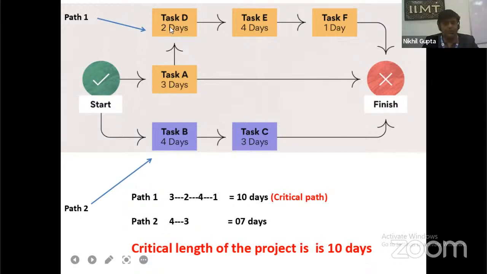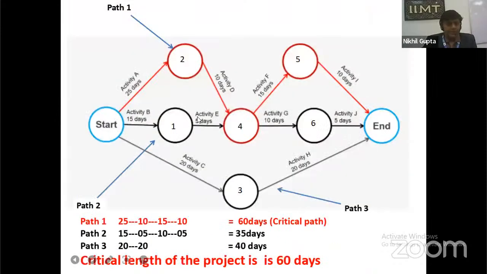If we follow the first path, the completion time is 3, 2, 4, 1, total equal to 10 days. If we follow the second path, it takes 4 days plus 3 days equal to 7 days. So the first route takes 10 days to complete this project, and the second route takes 7 days. Means 10 days is the longest duration, so it is the critical path, and the length of this overall path is 10 days.